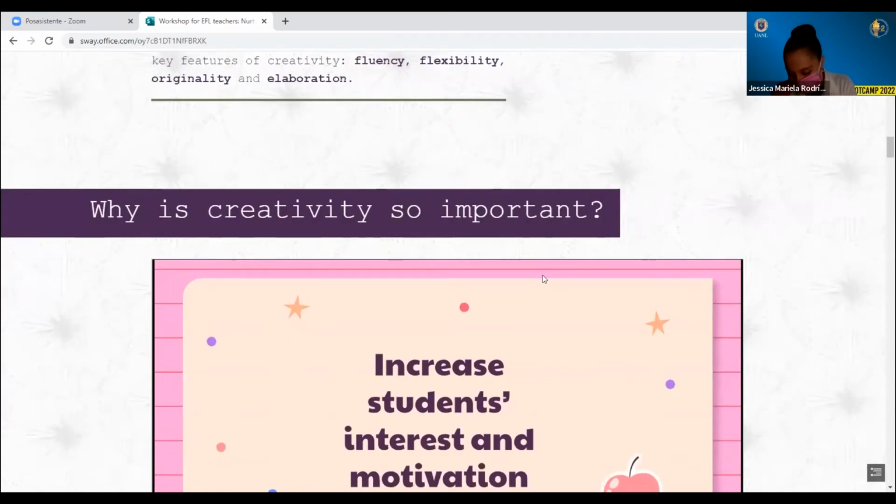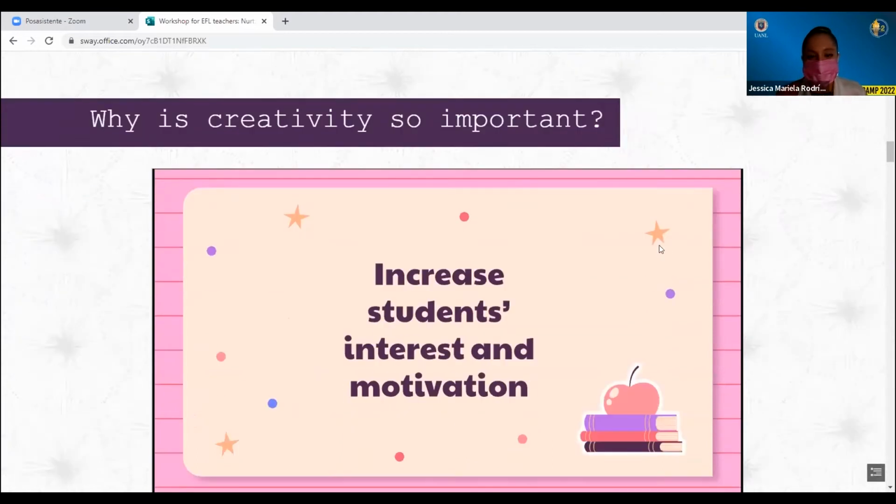So why is creativity so important, right? When we plan our classes, I'm very happy to teach English, and I am sure that many of you, maybe all of you, teach English, because English is a very versatile class, right?